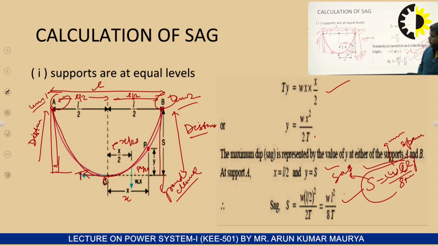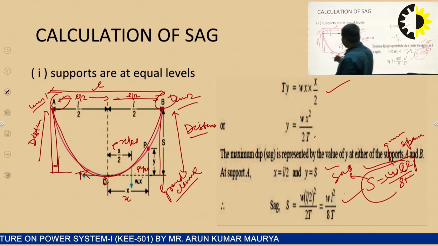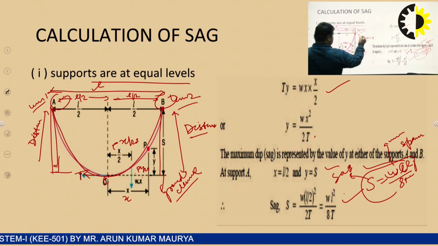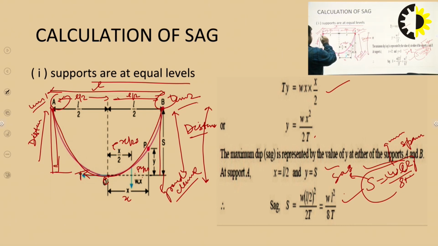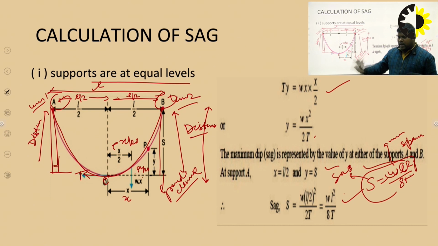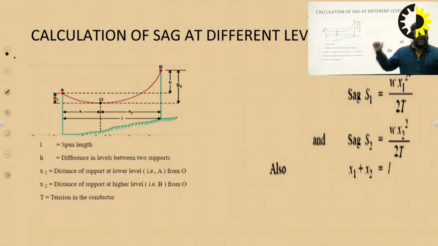In the previous case, the supports are at equal level, so the distance from B to O and from A to O is the same. We calculated the sag, which comes out to be W L square by 8T. In this second case, the supports are at different levels.